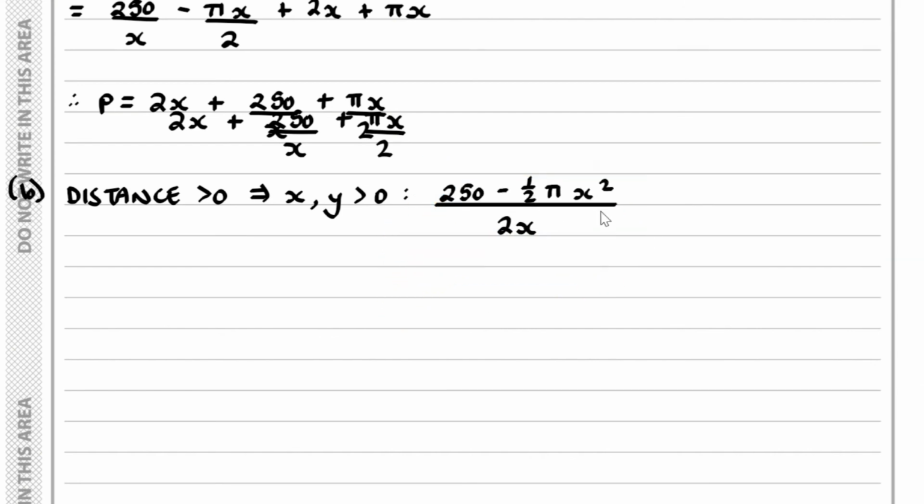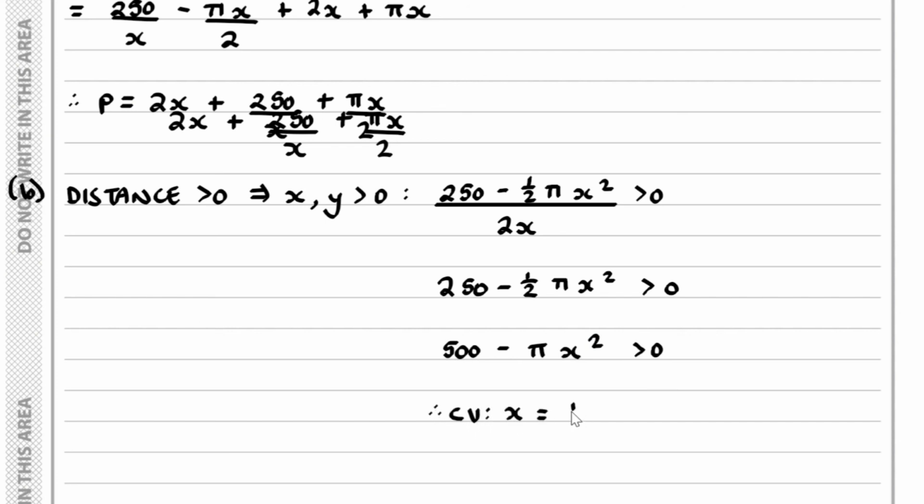So we've got 250 minus a half pi x squared over 2x being greater than 0. So 250 minus a half pi x squared is greater than 0. Multiply through by 2 and rearrange. We've got 500 minus pi times x squared is greater than 0. So for our critical values, we've got x equals plus or minus the square root of 500 over pi.